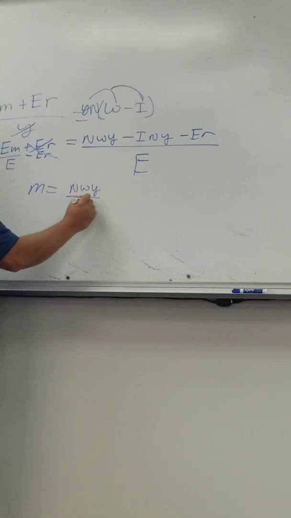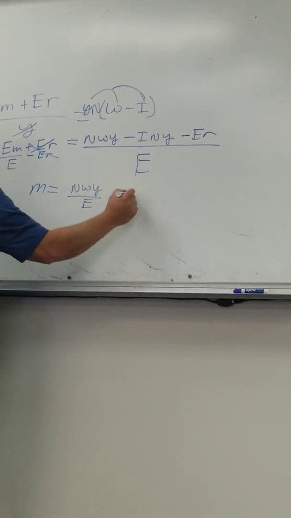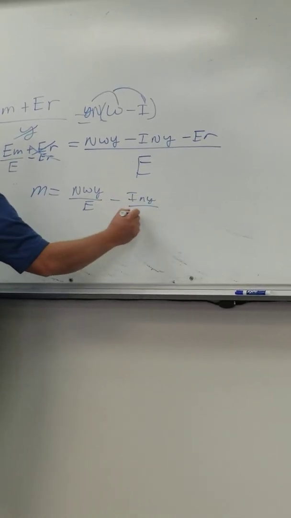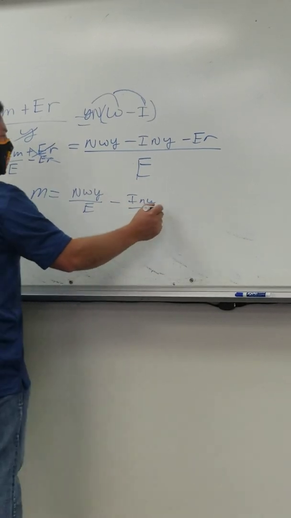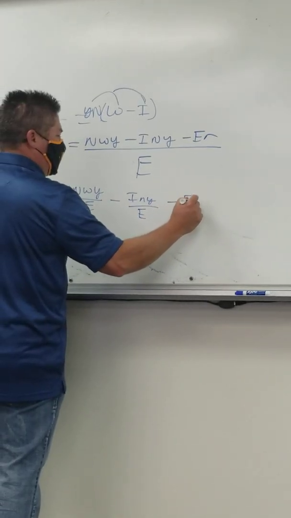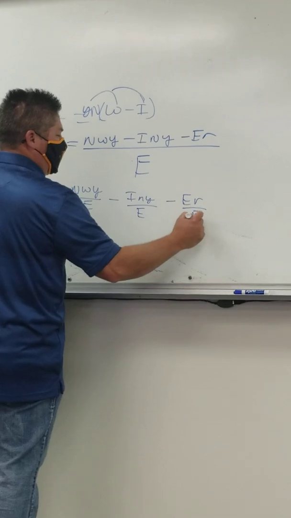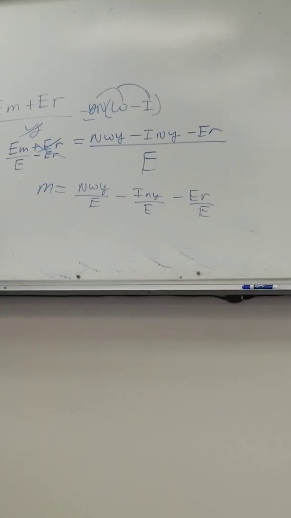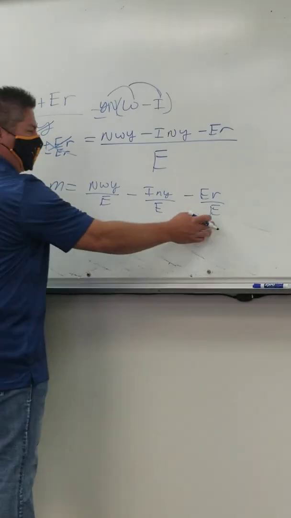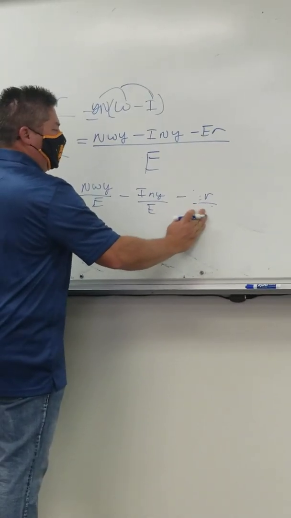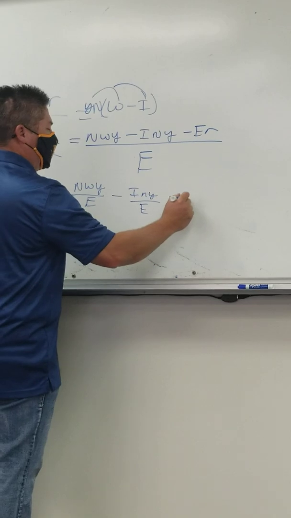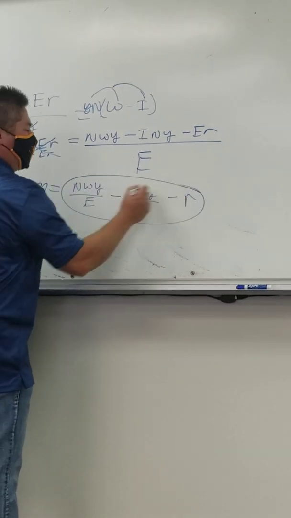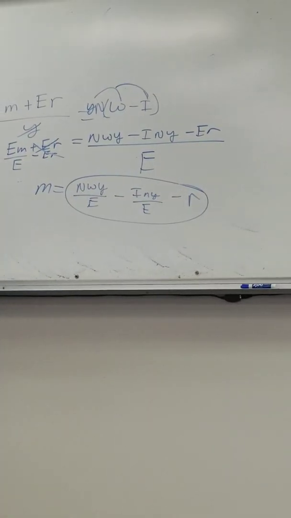NWY over E minus INY over E minus ER over E. Oh wait, ER over E, what happens with those E's? Yeah, they'll divide out. E divides E, and I really end up with just minus what? R. That's why you separate them into terms, so you can simplify that last one.